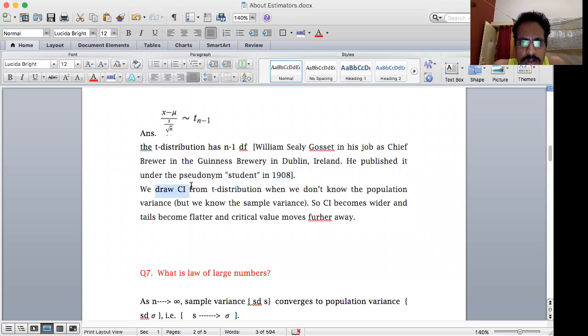So we draw the confidence interval from the t distribution when we don't know the population variance, but we know the sample variance, that is s. So the CI becomes wider and the tails become flatter and the critical values move further away.